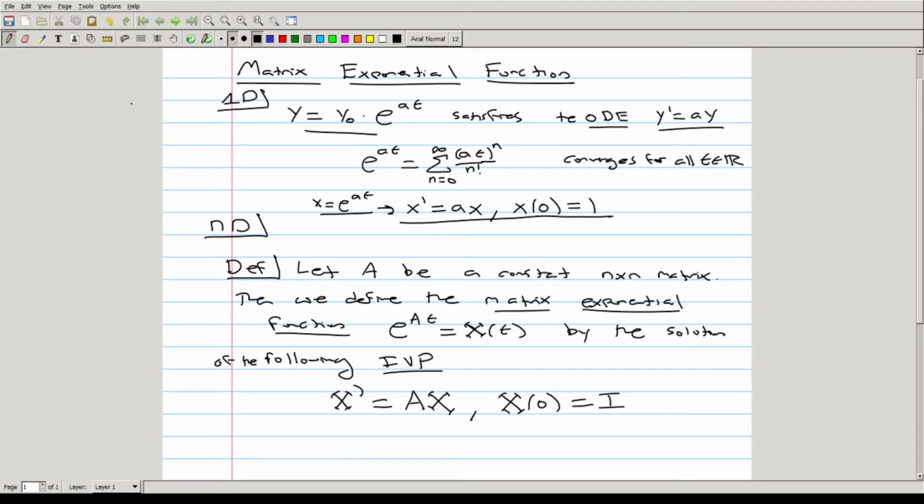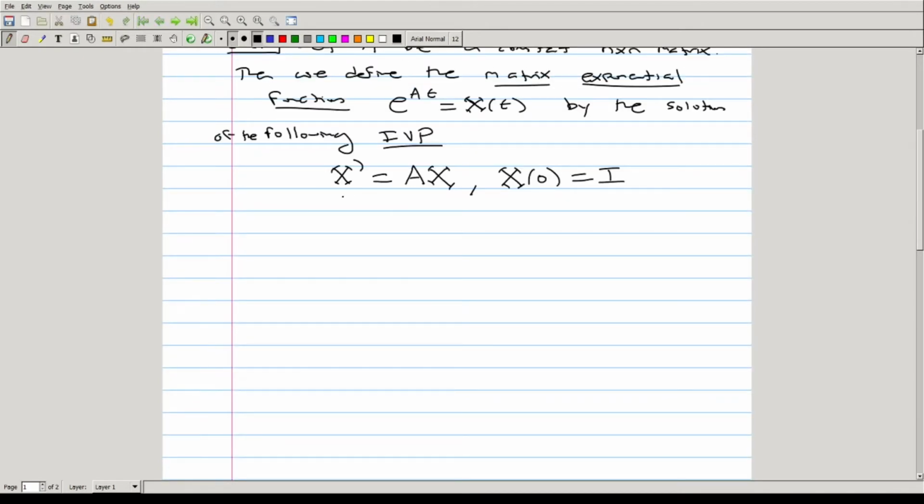Only this now is a matrix differential equation. We're saying that the matrix X, which is an n by n matrix, is equal to this n by n matrix, which is constant, times this n by n matrix. The matrix X that satisfies this differential equation, we're saying, is exactly the matrix exponential function.